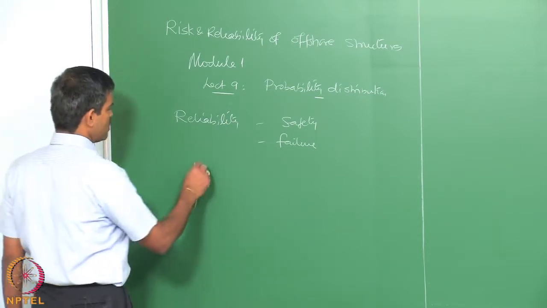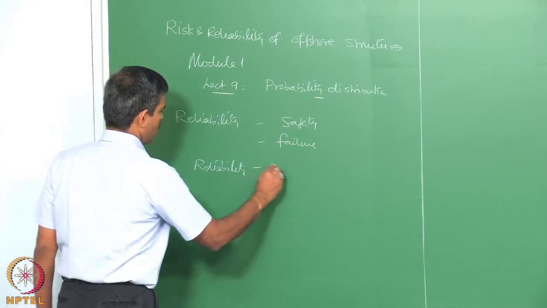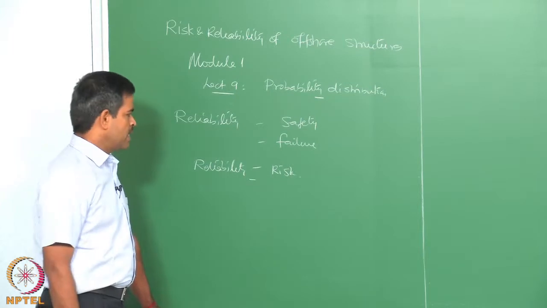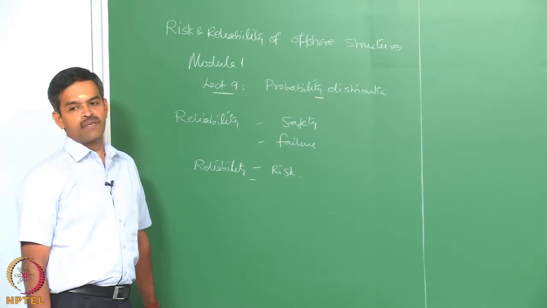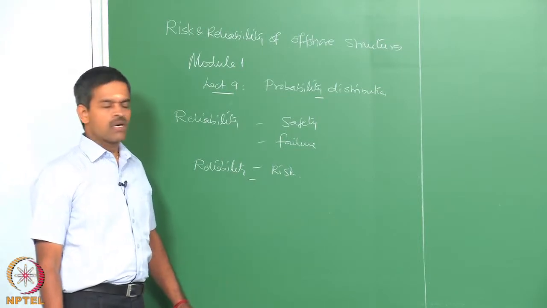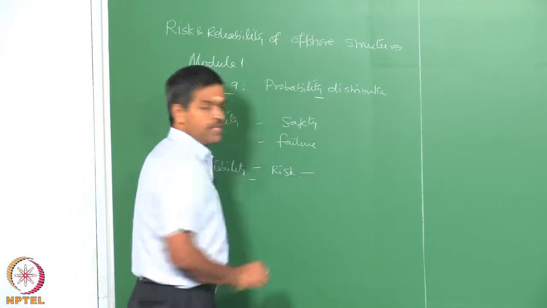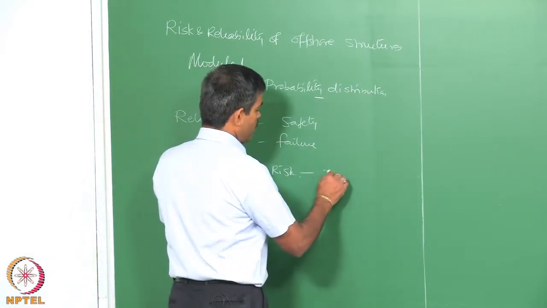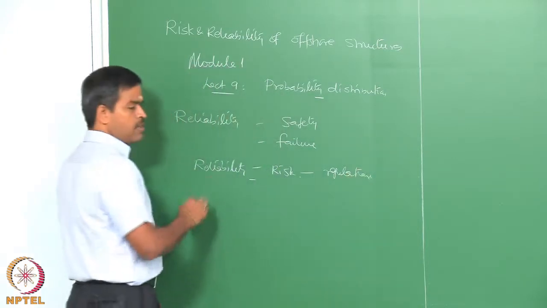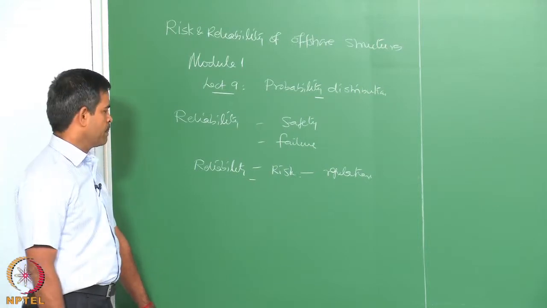We have also said how reliability and risk can be connected and what is the necessity of doing a risk assessment, and how reliability is more generic in nature compared to risk assessment, because risk assessments lead to regulations and formations of rules, whereas reliability is more or less a general form of assessing safety.